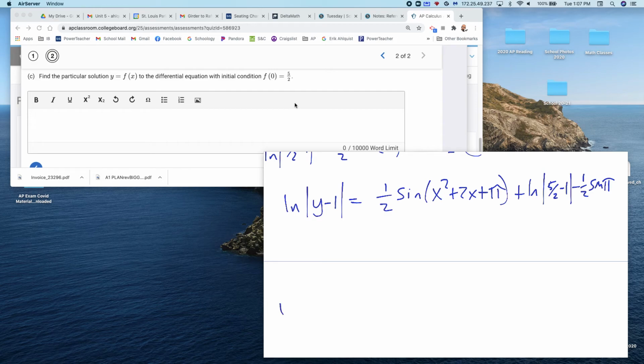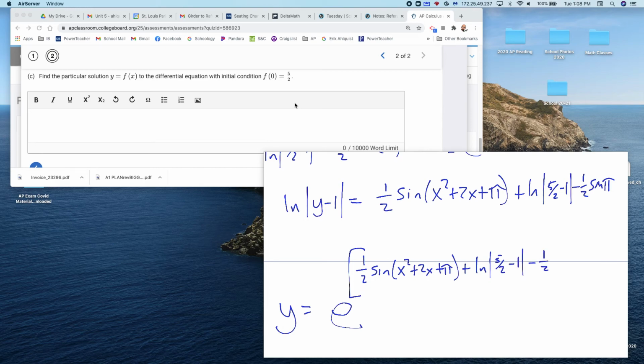I'm going to do it in one step, but I'm going to, y is equal to e to all of this stuff, 1/2 sine x squared plus 2x plus pi plus natural log 5/2 minus 1 minus 1/2 sine pi plus 1. That's my answer. I am not simplifying it.